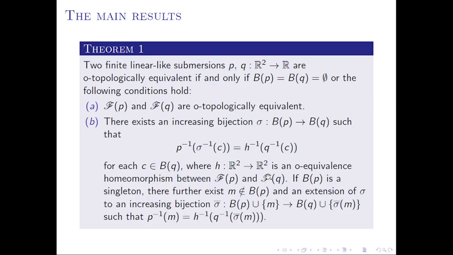In the case when the bifurcation set of P is a singleton, there exists a real value M that is not a bifurcation value of P and an extension of sigma to an increasing bijection sigma bar like this, such that this condition holds.